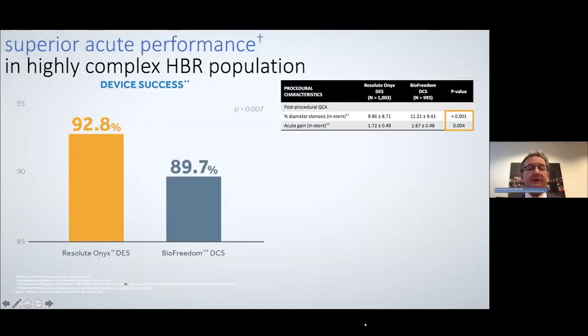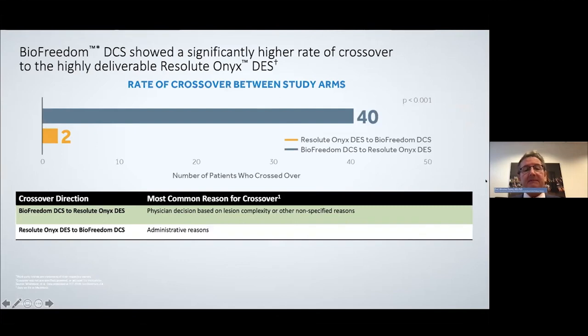It was interesting how the stents are working. You see procedural success rate, or device success, 93% versus nearly 90% for BioFreedom. This was significant. And crossover between study arms was allowed.